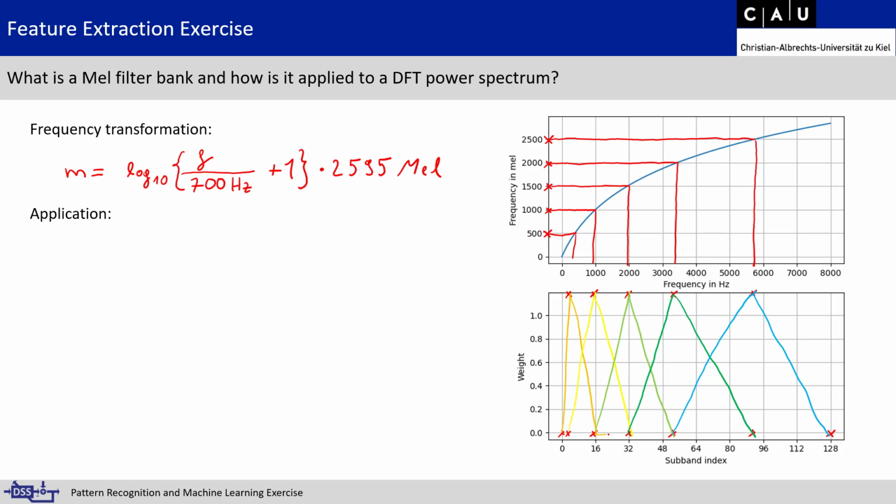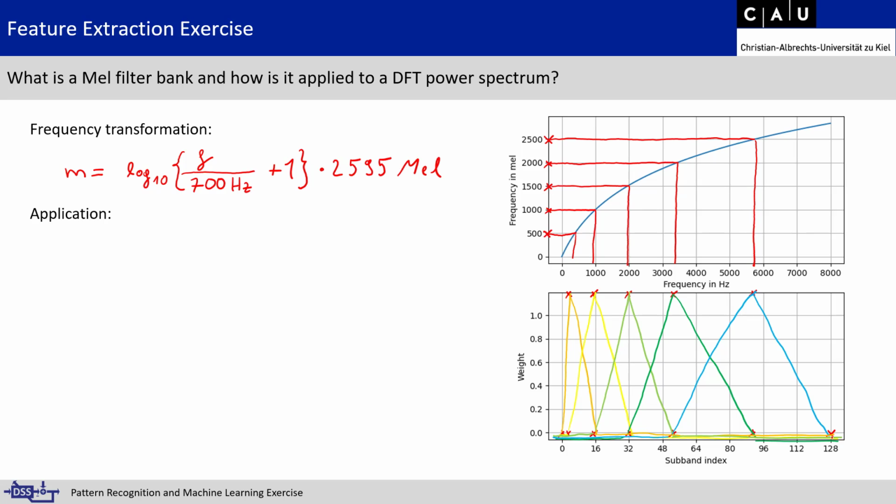So this part has to be 0, then this to the left and to the right has to be 0, and then again to the left and to the right, it has to be 0. And once we end up with our last subband, only the left of that triangle has to be 0. This is how we get our triangles for our MEL filter bank.